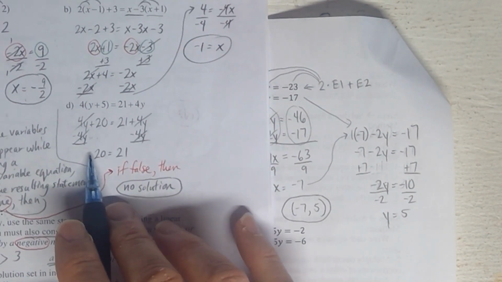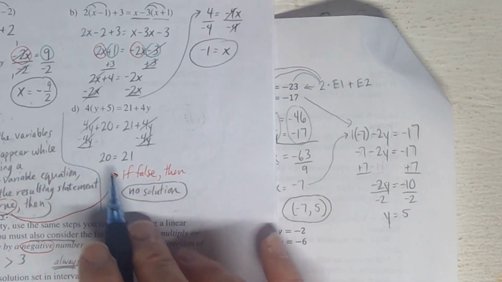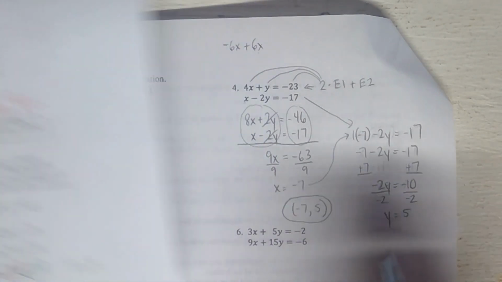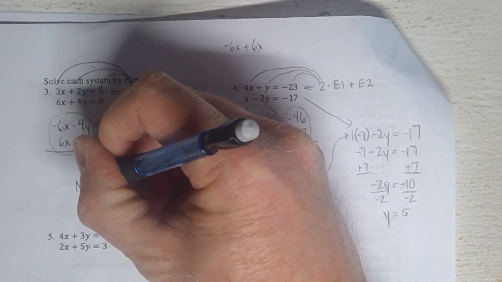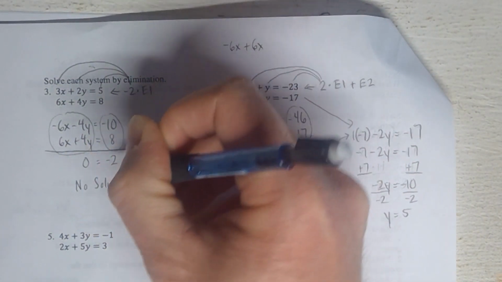As it says right here, if the variables go away while you're solving, see how they canceled out right there? And you got a false statement, 20 and 21 are not equal to each other, that's no solution. Even though this is a different kind of problem, it's a system, it's still going to be that same result.